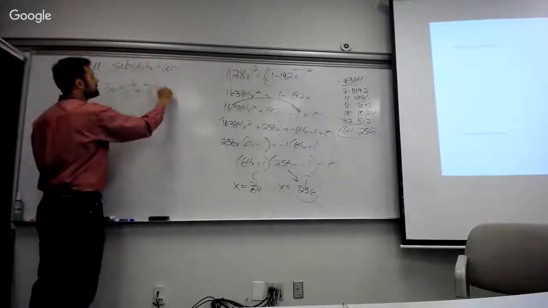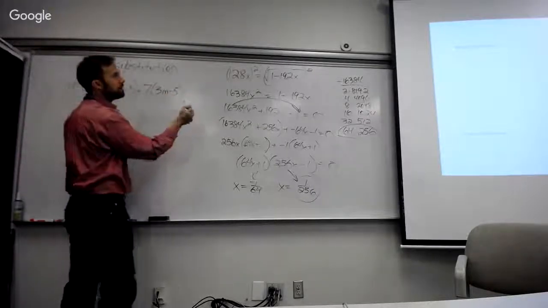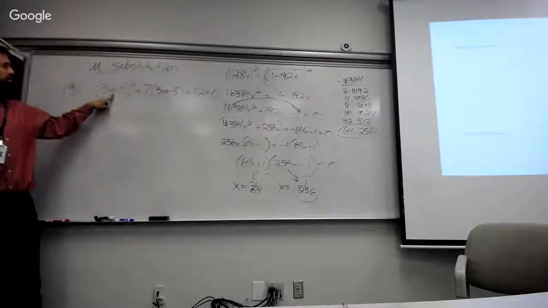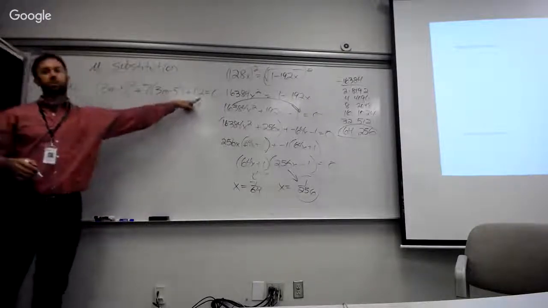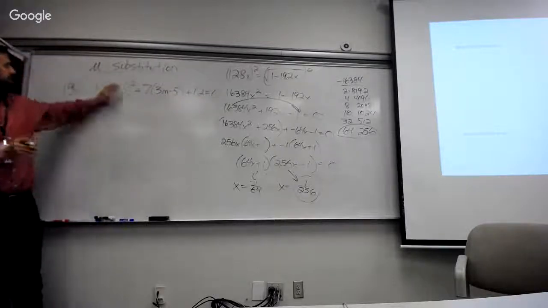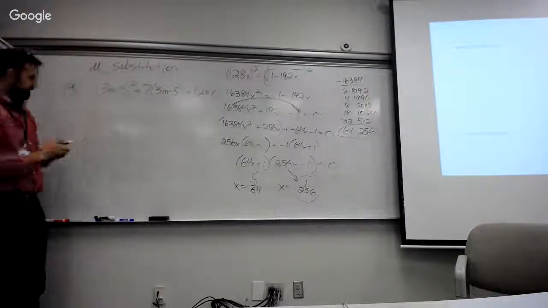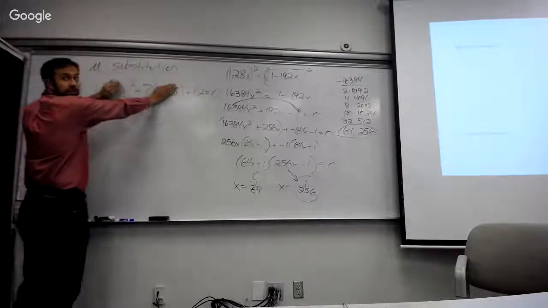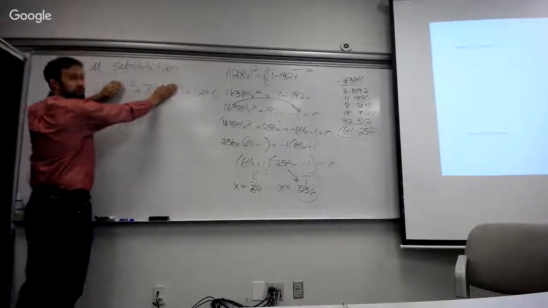So you've got something squared plus 7 times something plus 12. If I just covered up the 3 and minus 5, do you agree that it looks like a quadratic? Something squared plus 7 something plus 12?